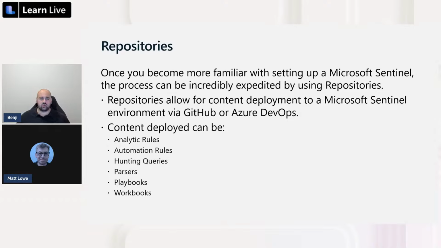So you can do everything inside of GitHub or Azure DevOps without any configuration for this content that we just mentioned from Microsoft Sentinel and utilize it directly from the repositories.